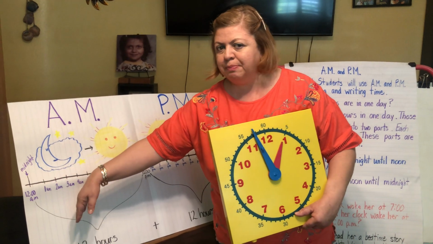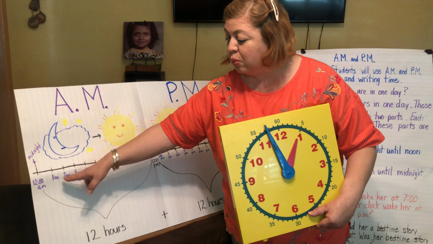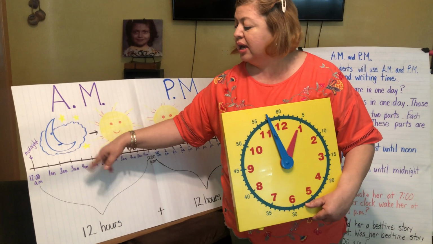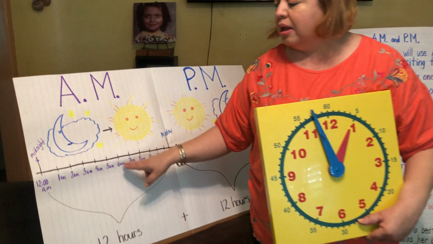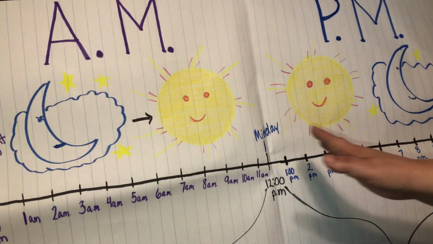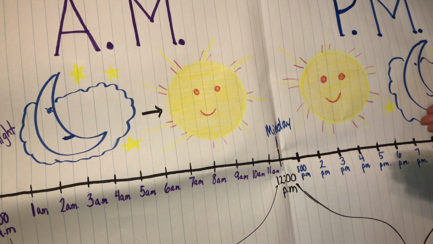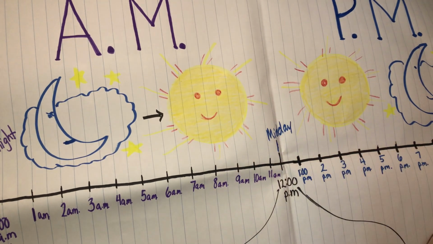We said we were sleeping. We're sleeping for many of those AM hours, 12 a.m., 1 a.m., 2 a.m., 3 a.m., 4 a.m., 5 a.m. Maybe at 6 a.m. you are already getting up and getting ready for the day. At 7 a.m., maybe you're still getting ready, or maybe you're on your way to school.